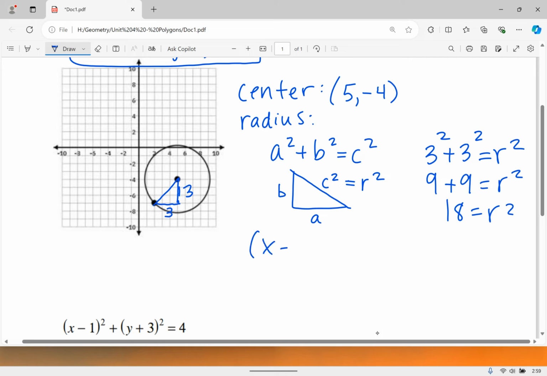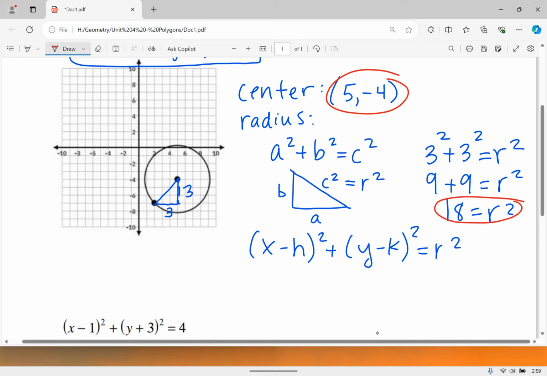Now I can go to the formula that we have for the equation of a circle. I can use the original center and the radius squared to plug into the formula. Remember, we're going to switch the sign.